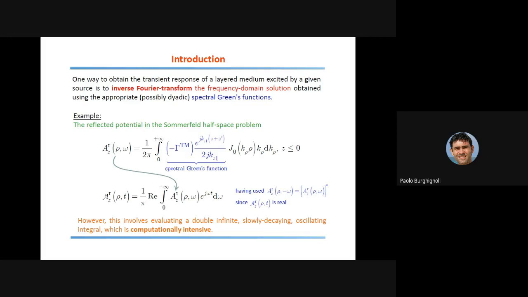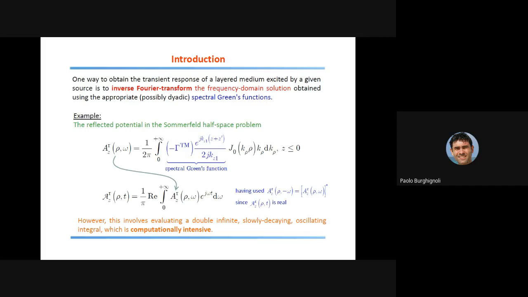The motivation for this method is very simple. If you know the response of your medium to a time harmonic excitation, so you know the frequency domain solution to your wave problem, to obtain the time domain solution, what you need is to inverse Fourier transform the frequency domain solution.